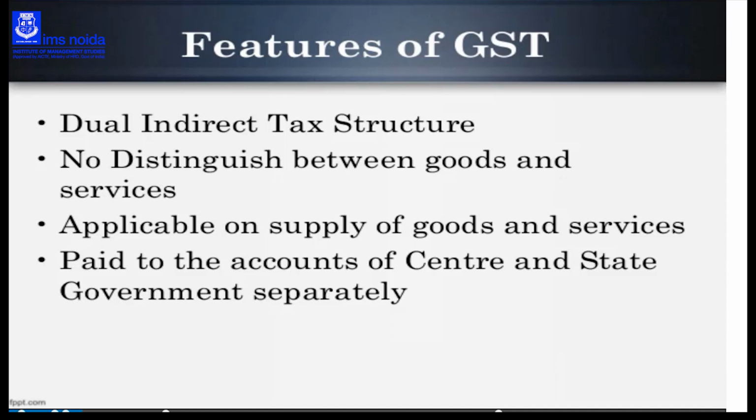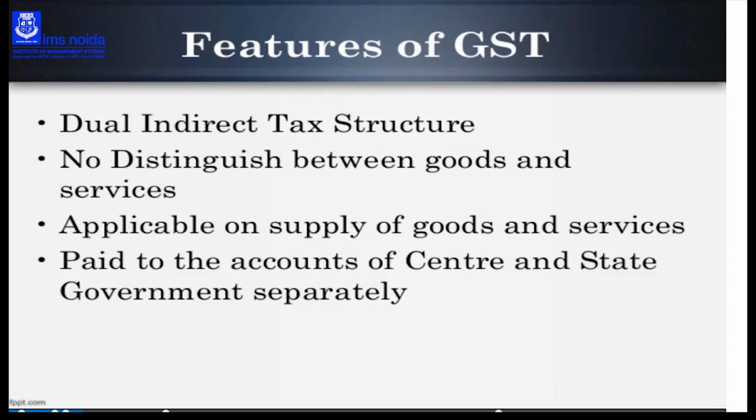All those goods and services which we supply or use or consume, whether by sale, transfer, barter, exchange, license, rental, lease, or disposal. That means all forms of supply of goods and services in the course or furtherance of business are included in Goods and Services Tax, and it is paid to the accounts of the central and state governments separately.